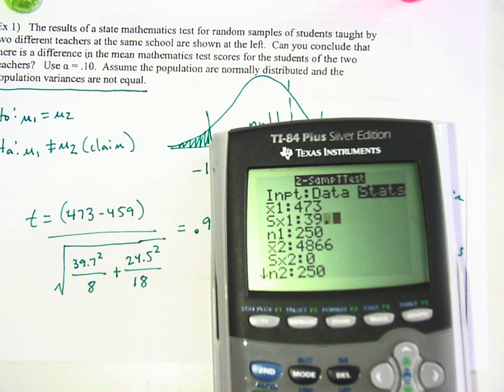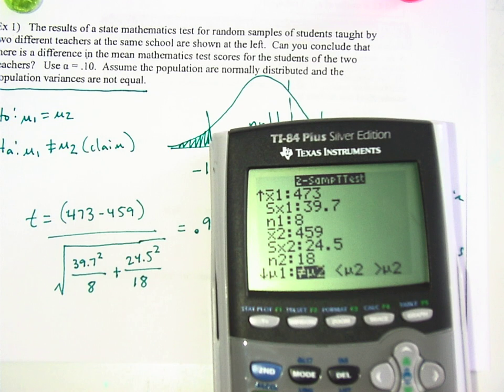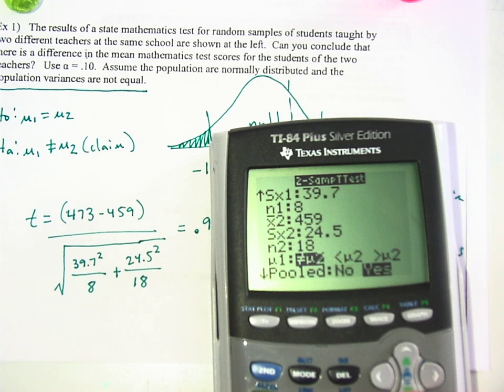So let's type it in: 473, 39.78. Not equals to should be selected. Do you see how it says pooled, yes or no? So what do we say?